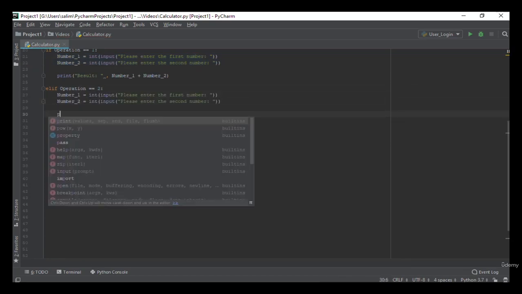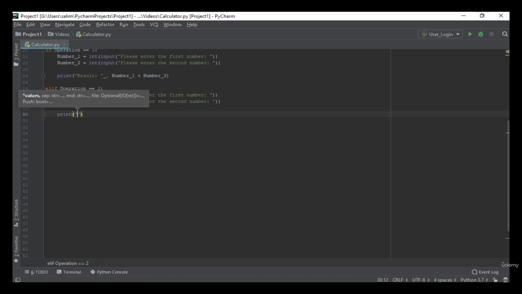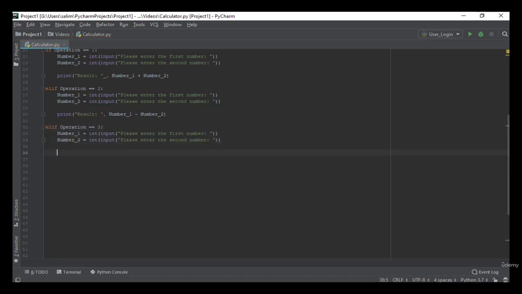Print number 1 minus number 2. Third one is multiplication. And we'll make the same variables again. And print number 1 times number 2.